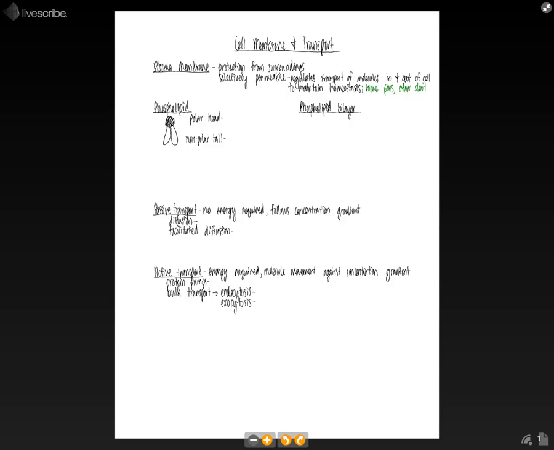And so the plasma membrane is made up of a bunch of phospholipids, which are drawn here, and we can see that the phospholipids have this polar head, which is hydrophilic, which means water-loving.